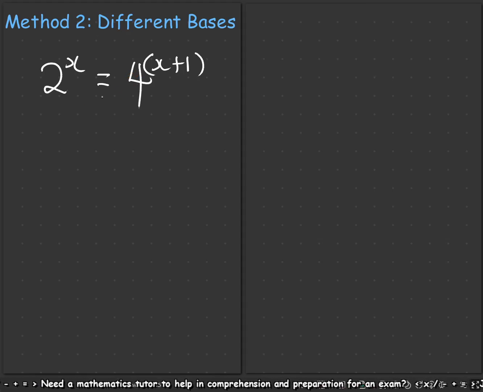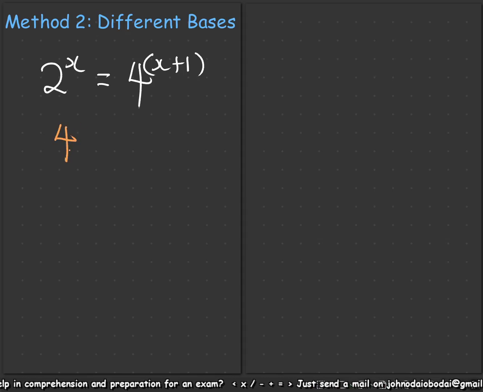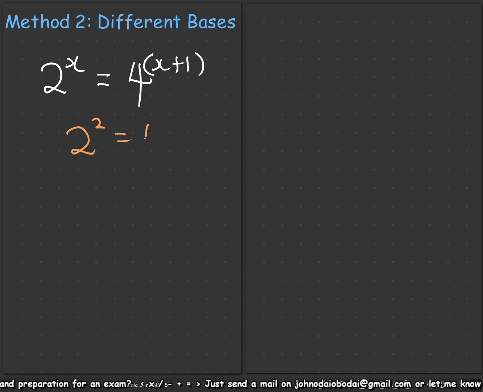It is 4, which can be written using 2. And most importantly, we already have this 2 over here. We know 2 raised to the power 2 gives us 4.